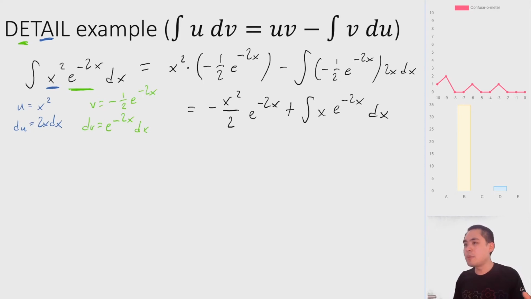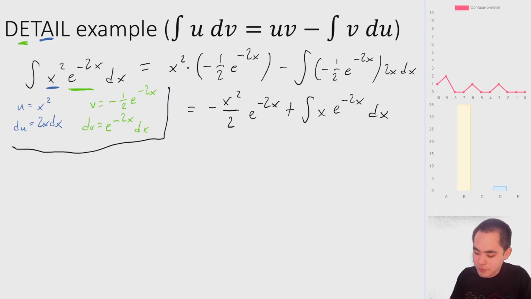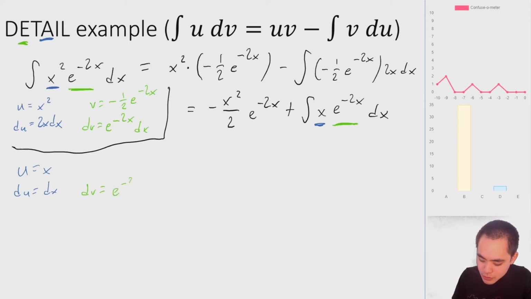So now you're not done, but this integral is at least simpler than the one you started with, right? So this is a simpler integral, and let's do it again. Again, we have some part that's algebraic, and we have some part that's exponential, and you can repeat the process. So u is equal to x, du is equal to 1 dx, but I'm just going to write dx here. And we have dv is equal to e to the minus 2x dx.